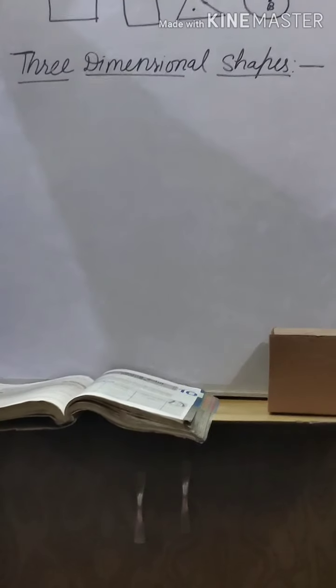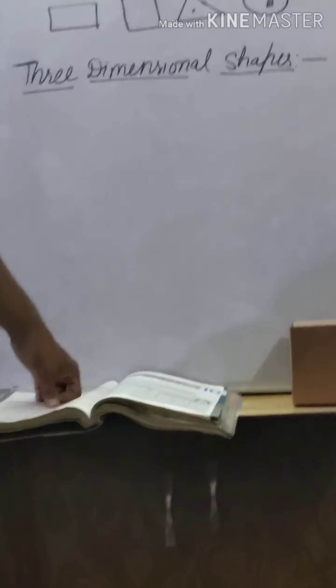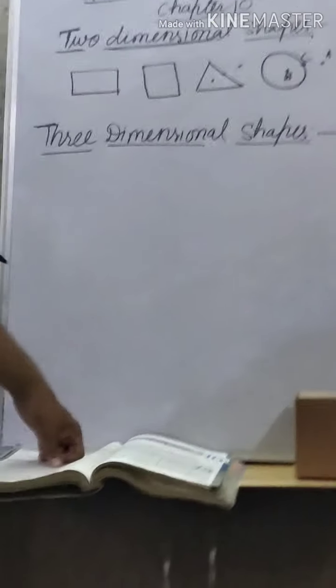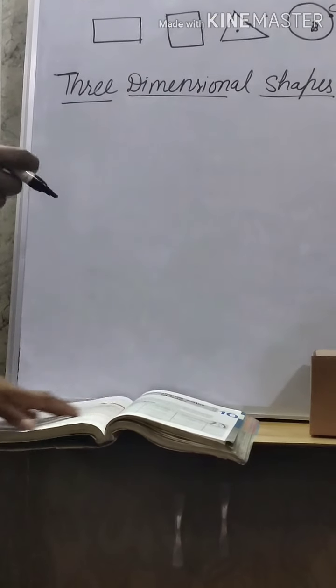No, it has length and breadth, and thickness is there. If thickness is there, it is three-dimensional. If length, breadth, and thickness are there, then you will not say it is a plane figure. It is an example of three-dimensional figures.